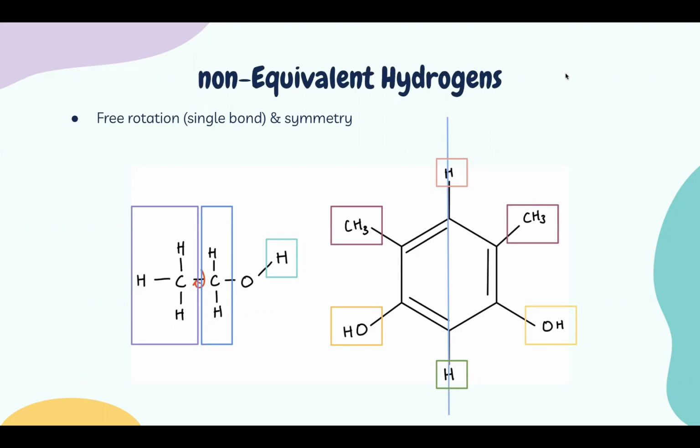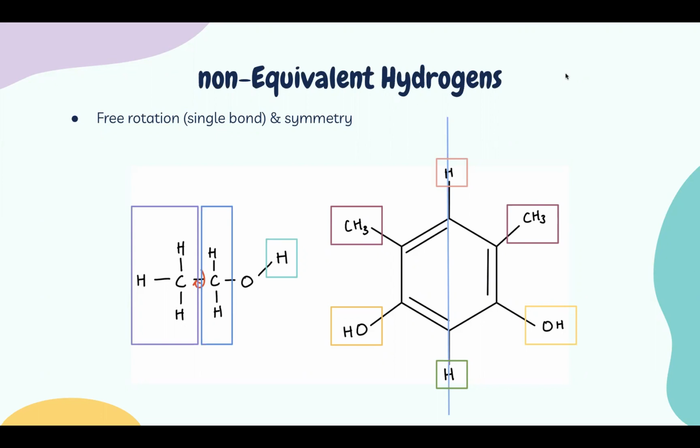Molecules that are symmetrical have more than one group of hydrogens that are in the same environment. Looking at this benzene ring to the right, you can see the blue line of symmetry. This group of 3 hydrogens on the left that make up the methyl group is next to this hydrogen in pink and the alcohol in yellow. You can say the same thing about the hydrogens in the methyl group on the right.